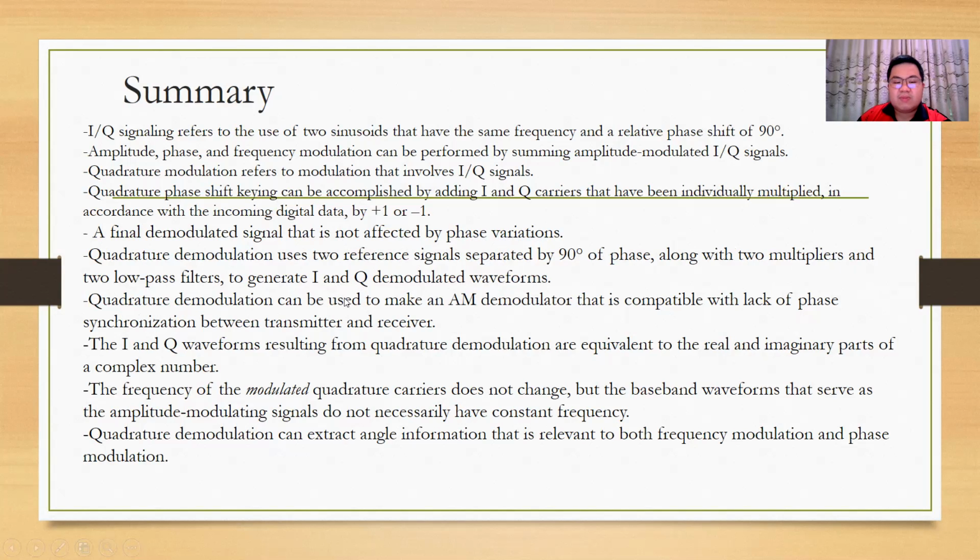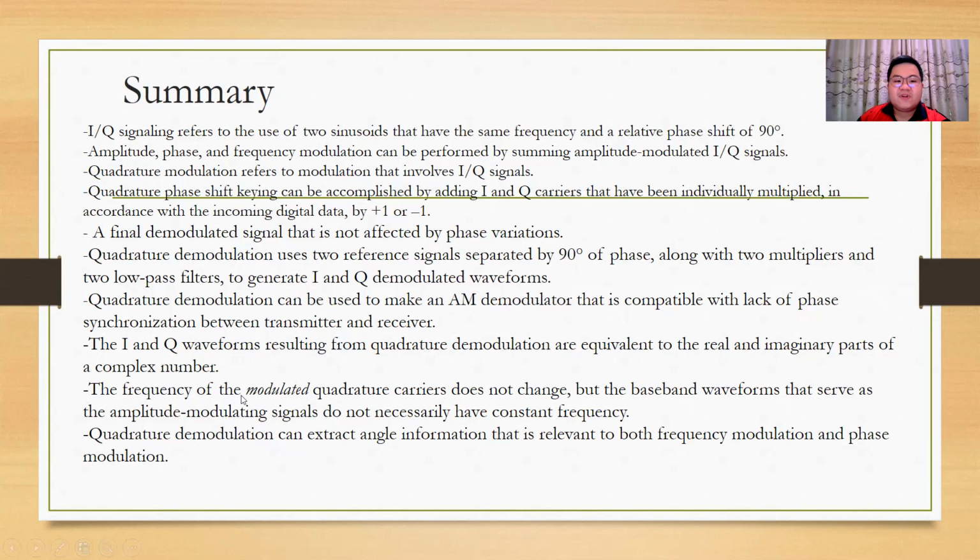Quadrature demodulation can be used to make an AM demodulator that is compatible with lack of phase synchronization between transmitter and receiver. So this is the amplitude modulation demodulator. The I and Q waveforms resulting from quadrature demodulation are equivalent to the real and imaginary part of a complex number.